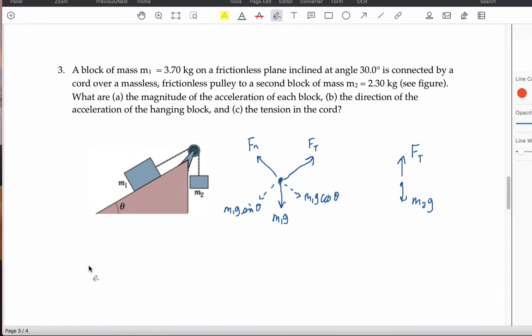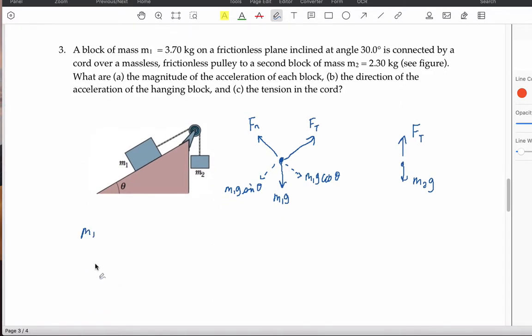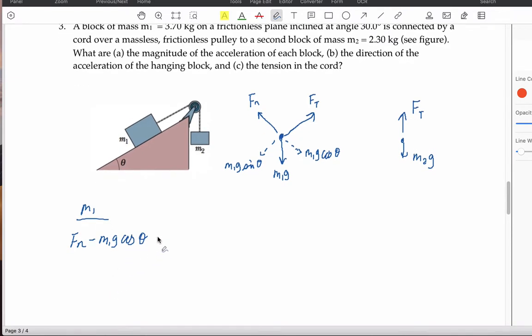the force equation. So for M1, even though we don't have friction, I'm going to still set up the normal force equation in the y direction. Very cute. True, but not useful. And then in the x direction, let's just assume that it's moving this way. And if we're wrong, we'll just get a negative answer for our acceleration.